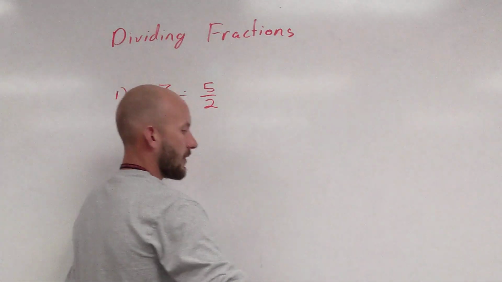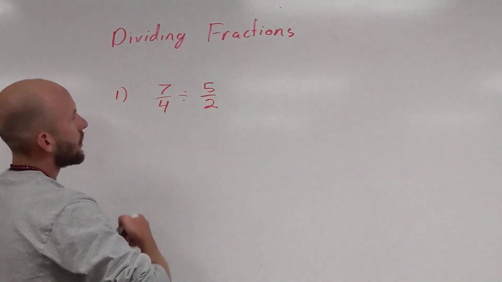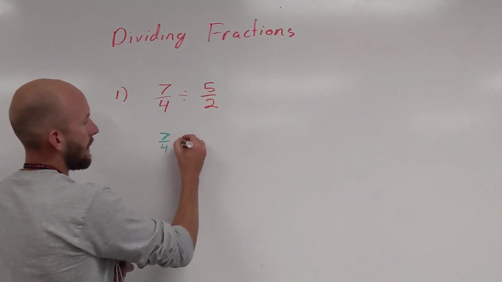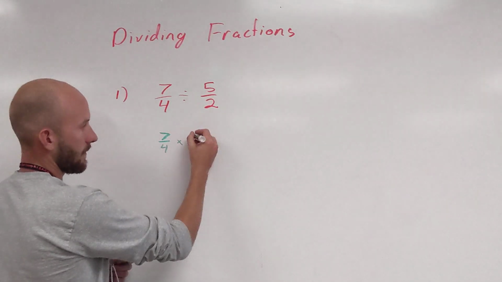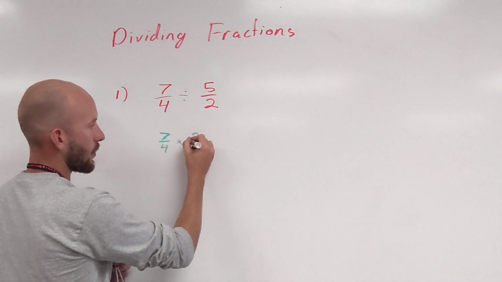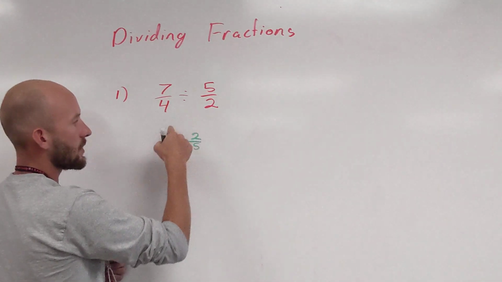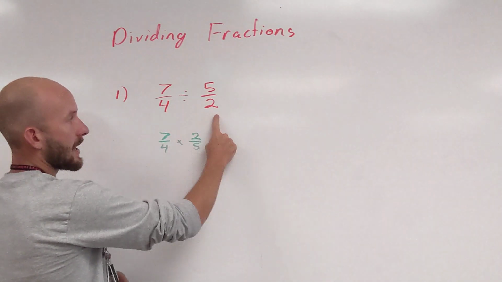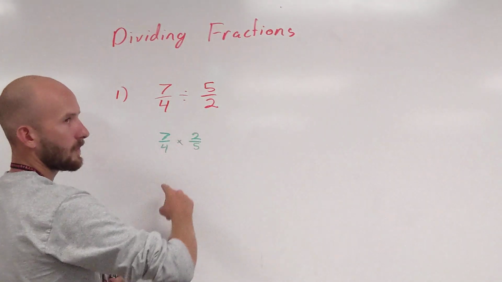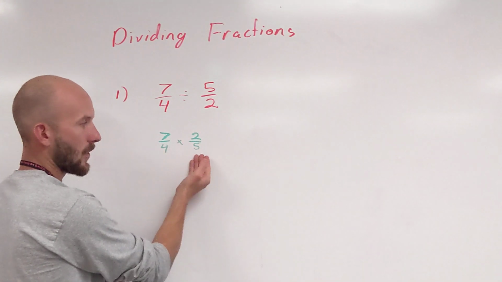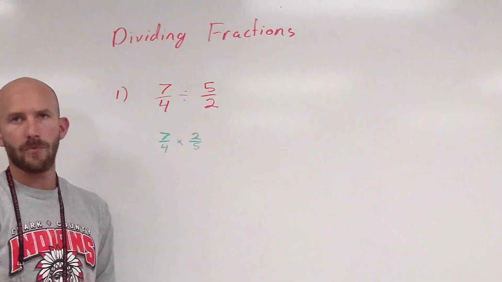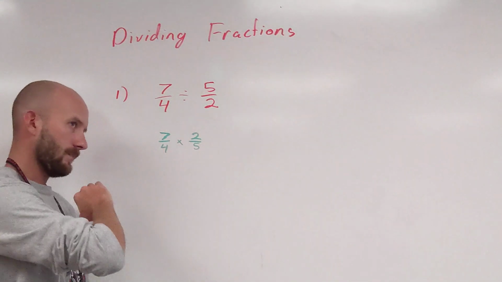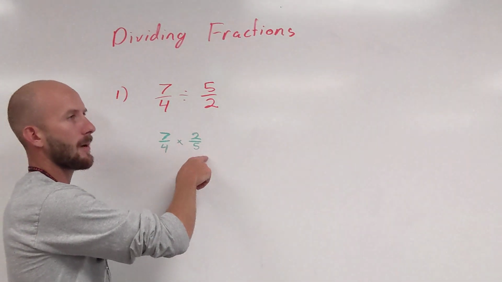To divide fractions, we're going to multiply by the reciprocal. So you're changing it to a multiplication problem. Instead of dividing by 5/2, I'm going to multiply by 2/5. So you're multiplying by the reciprocal.